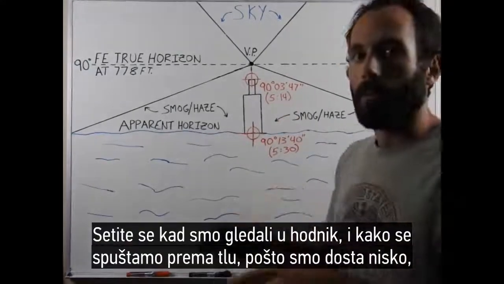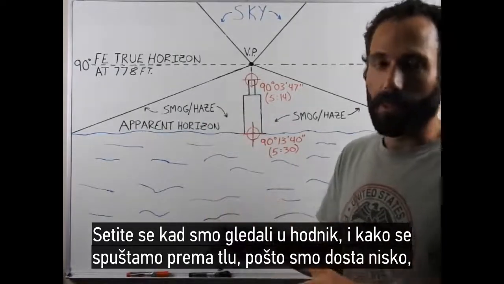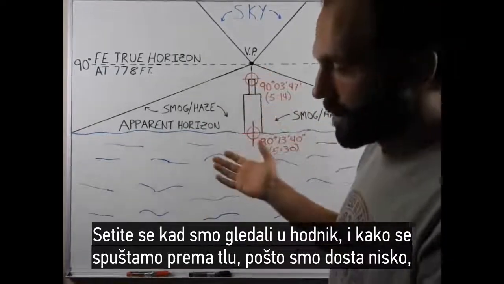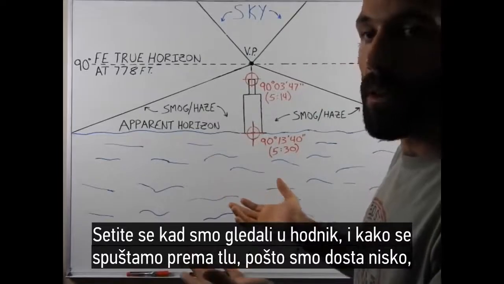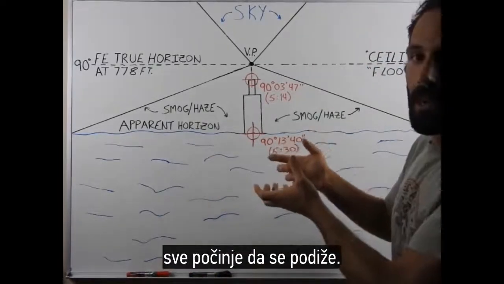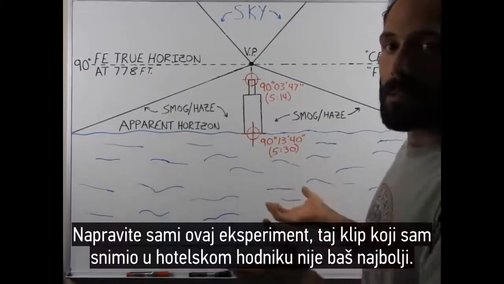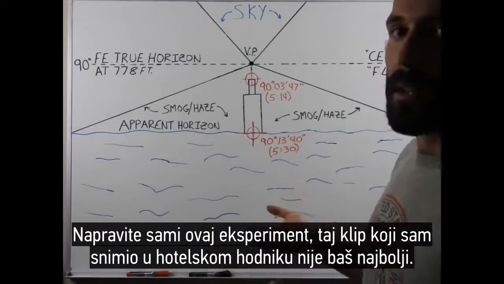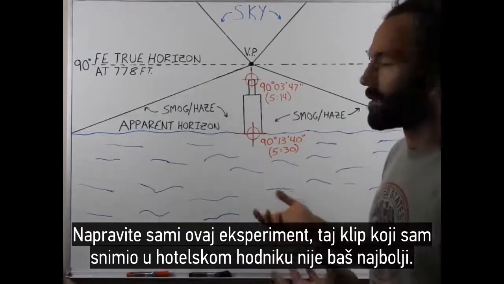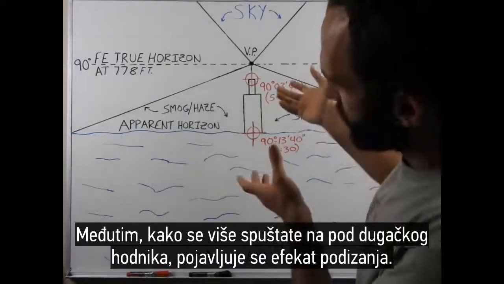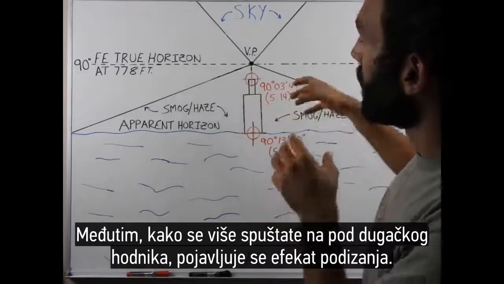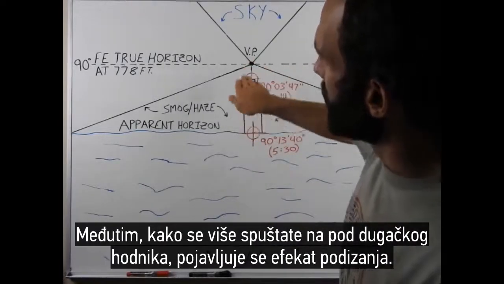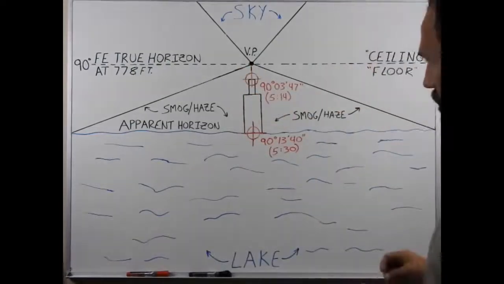Think about looking down that hallway, and as you get lower and lower to the ground, the end of the hallway starts to, because the slope is so low, everything starts to bunch up. Go do an experiment with this yourself. I mean, that video I took in a hotel hallway isn't the best. But as you get closer and closer to the floor on a long hallway, you really get a lot of bunching up effect here. Okay?